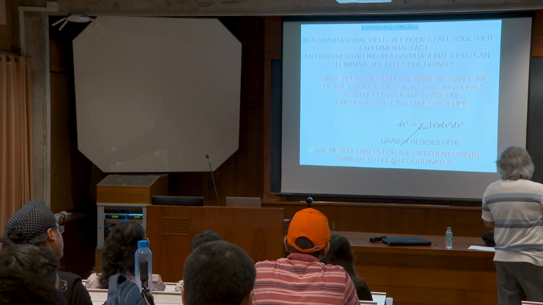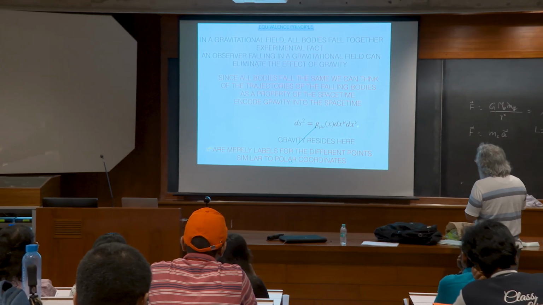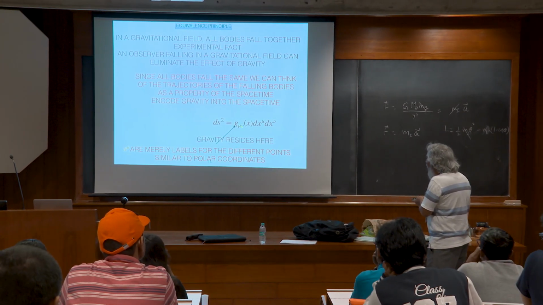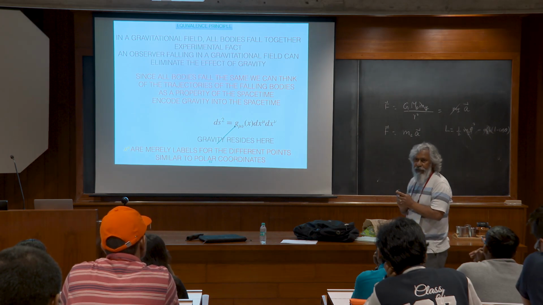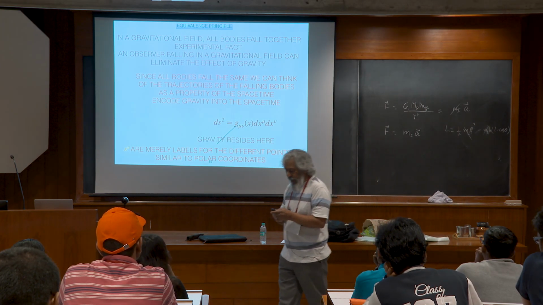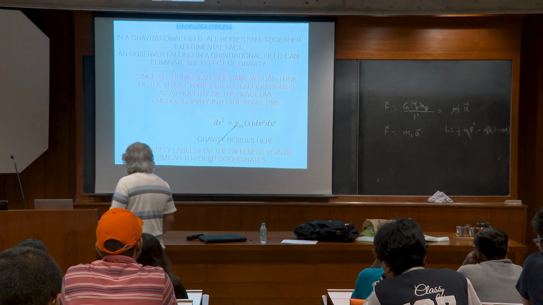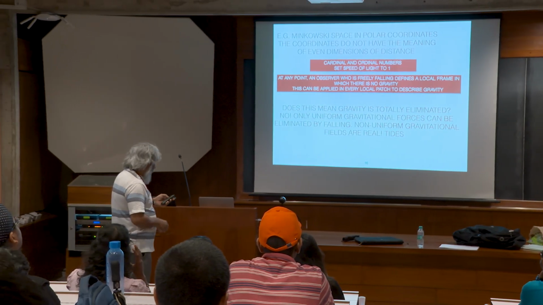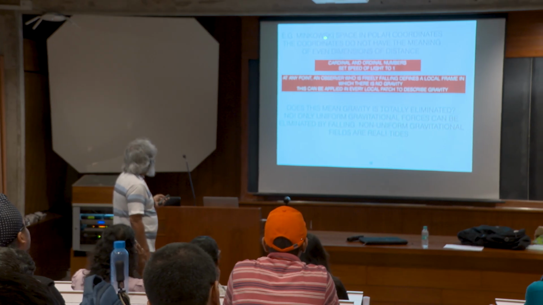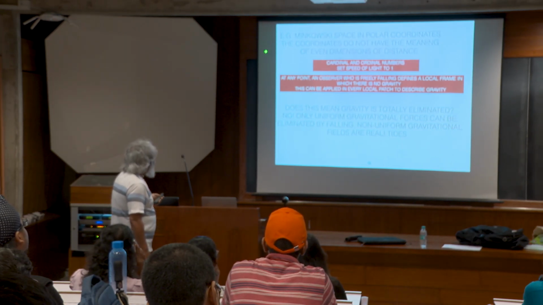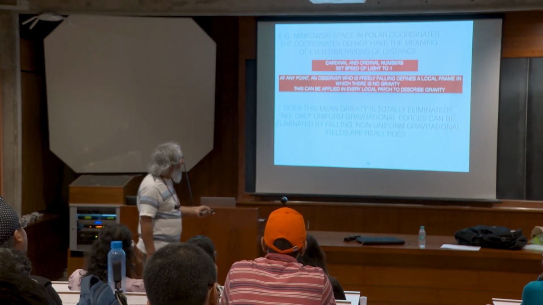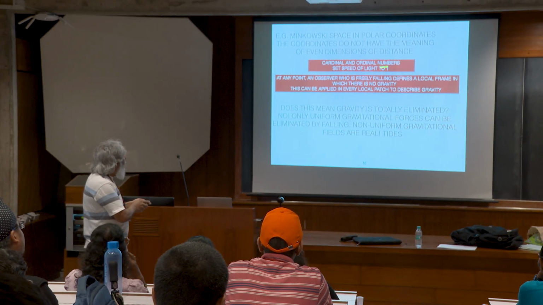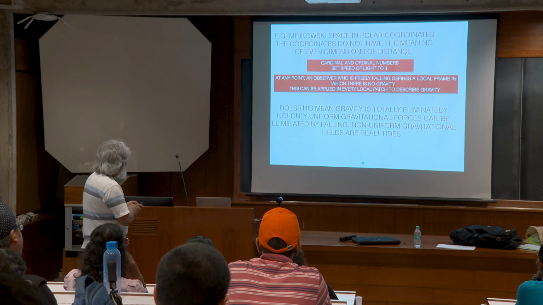Now you've given the coordinates the job of simply being labels, and the distance information is contained in the metric. For example, I could take Minkowski space and write it in polar coordinates, and the coordinates there do not have the meaning or even the dimensions of distance, as I showed you earlier.